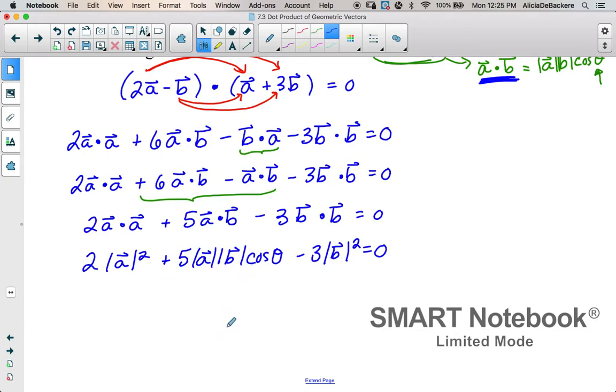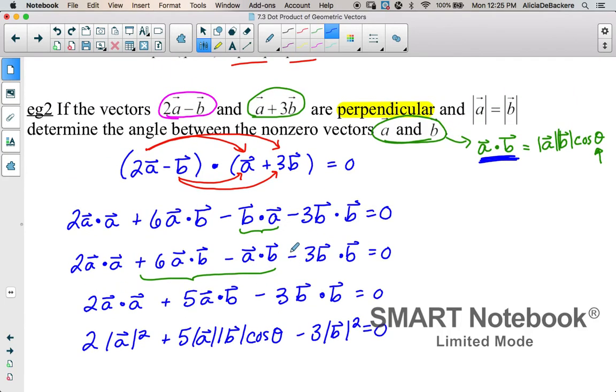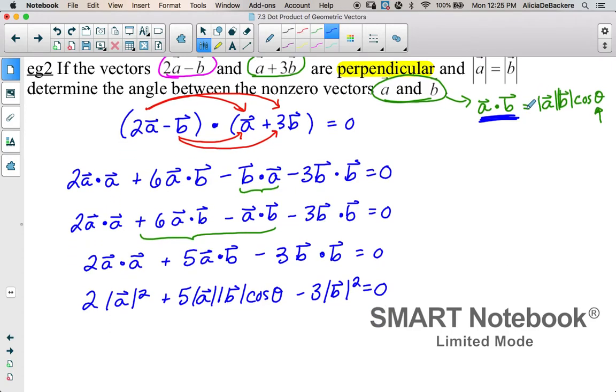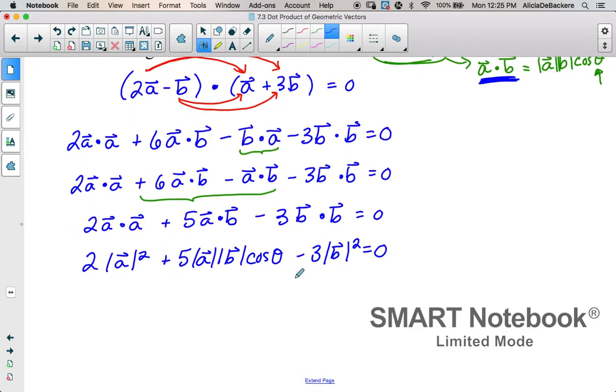Okay, so we're getting closer. Remember our goal, you always want to keep your eye on the goal here. The goal is to figure out what this theta is equal to. So what I'm going to do here, I'm going to use the other piece of information they gave me up in the question. I know that magnitude A is the same as magnitude B. So I'm going to substitute that in to kind of get rid of some of these things. I'm going to sub it in the other order, but it does not really matter.